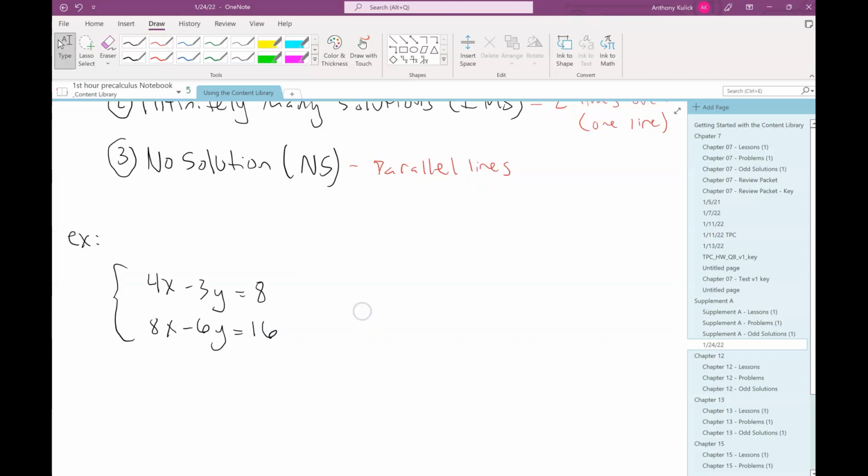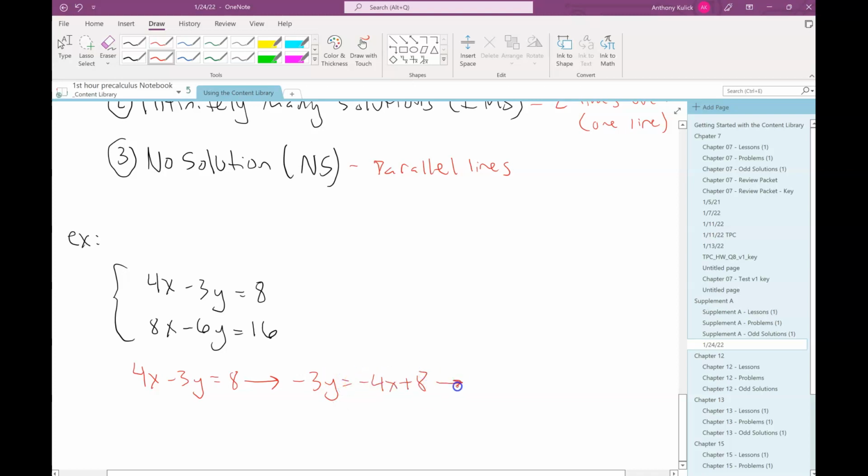So if we wanted to type this into our calculator, we'd start by putting it into slope-intercept form. So I'm going to just take each equation and get the y part by itself.